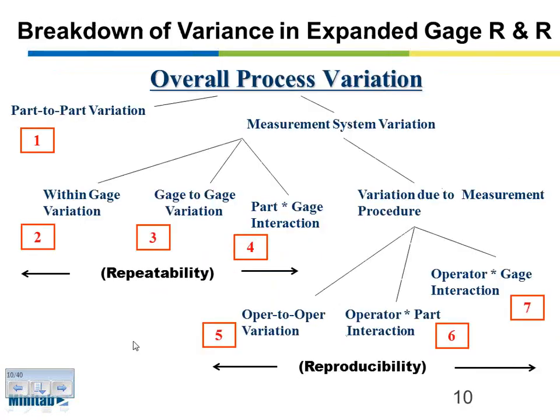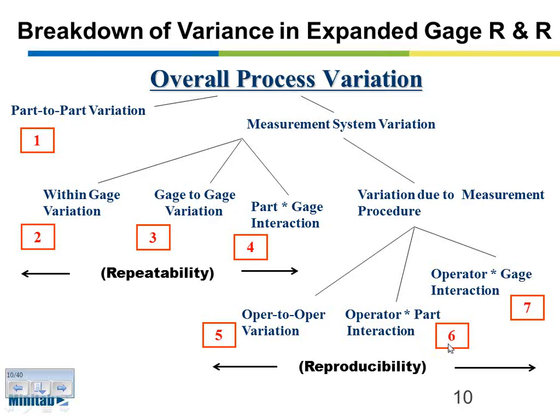Based on the results of that style of study, we're now going to have 7 components of variation that we're going to estimate. We're going to estimate 4 that we've seen already with the standard gauge R&R: the part-to-part variation, the repeatability within one given gauge, the operator-to-operator variability, and the operator-by-part interaction variation.